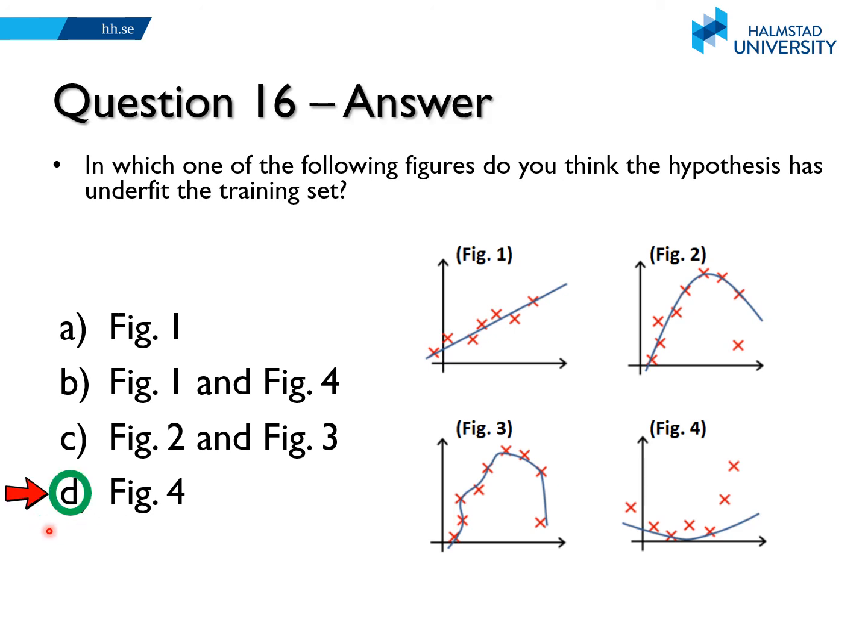And the answer is D. In figure 1, the model looks okay for this dataset. The same for figure 2, it looks okay. In figure 3, we are probably overfitting a little bit. And here we have underfitting. So this model is not as complex as what it should be. It does not capture the complexity of the data.